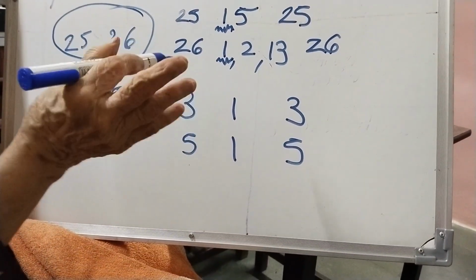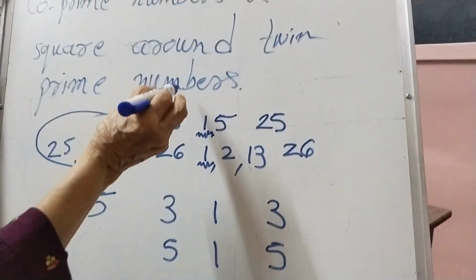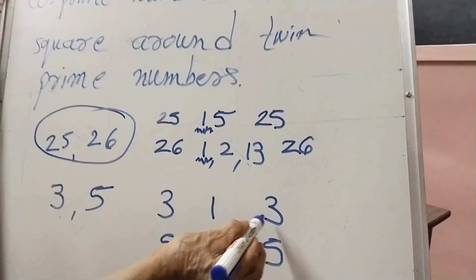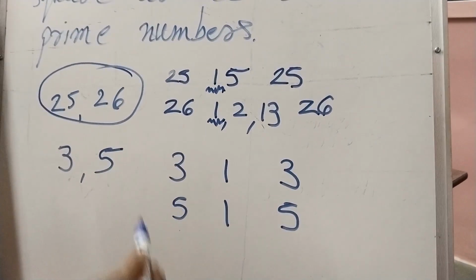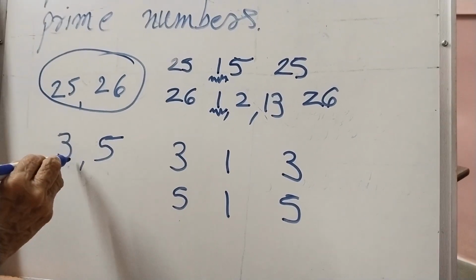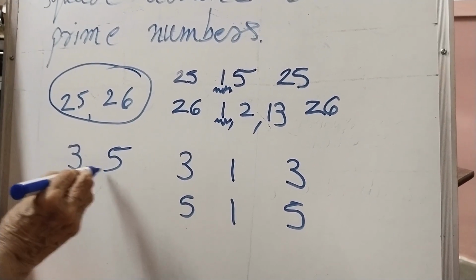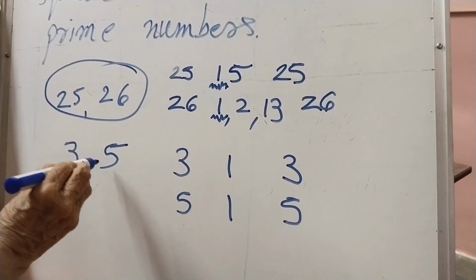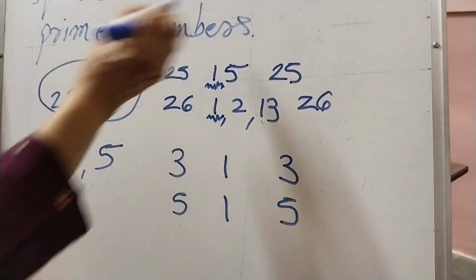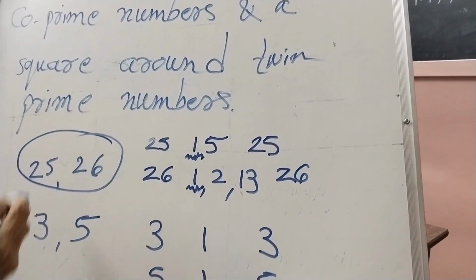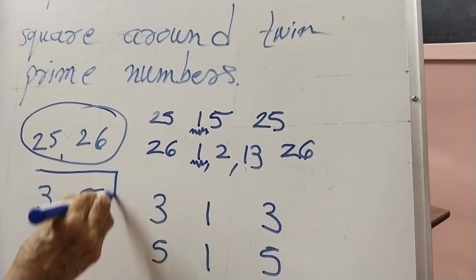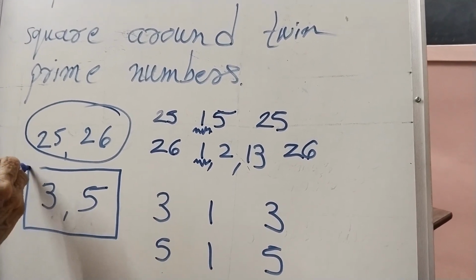So both the conditions for twin prime numbers are fulfilled: only 2 factors for each, and secondly there is a difference of 2 between the given numbers. So this is a twin prime pair, and hence we are supposed to put a square around this pair.